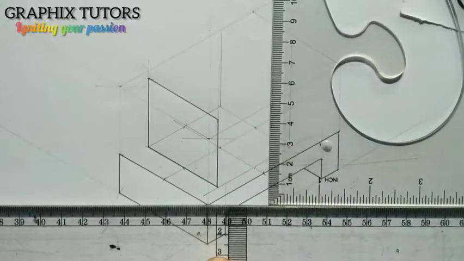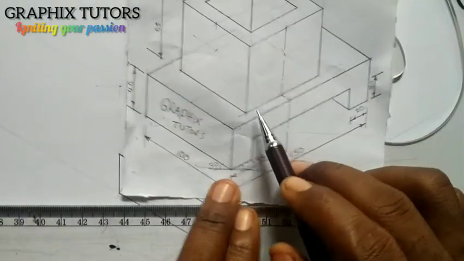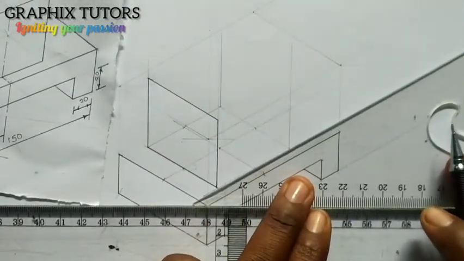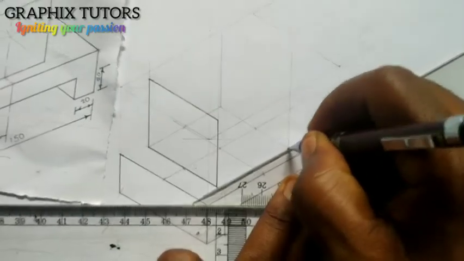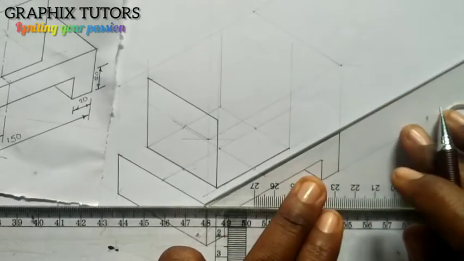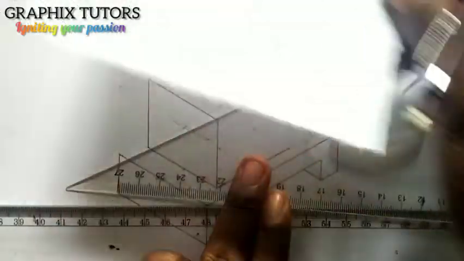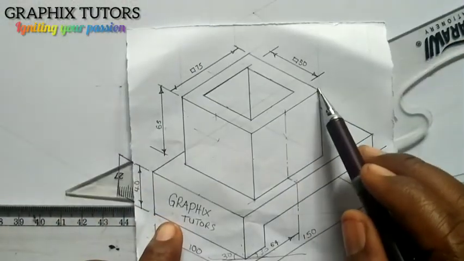Also, if you look at this diagram very well, from here also to here is also thickened. And I'll do the same thing here too. From here to here. You can see that. And also, if you look at this also, from here to here is also thickened.